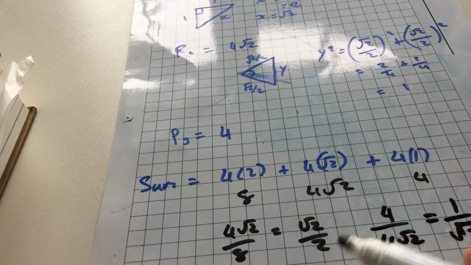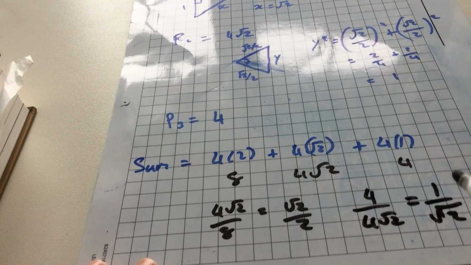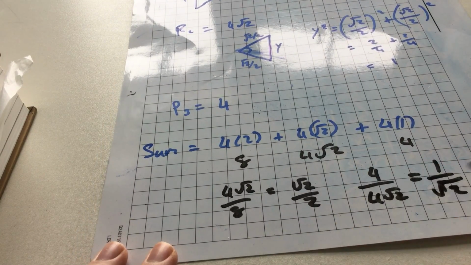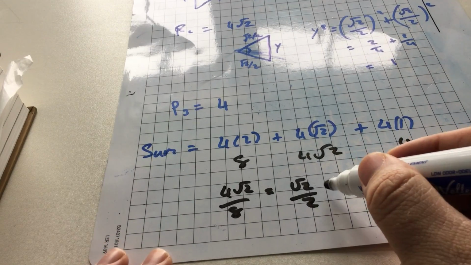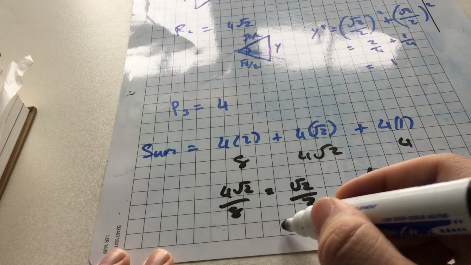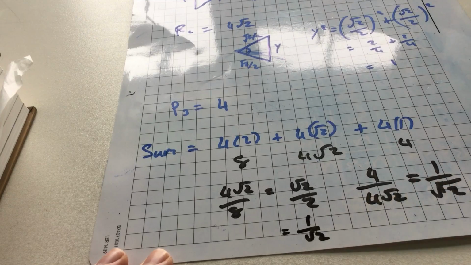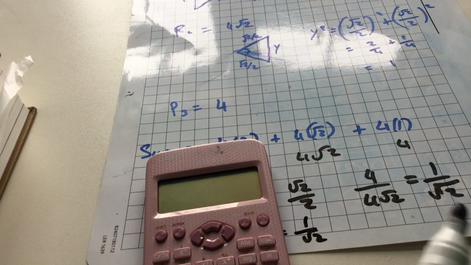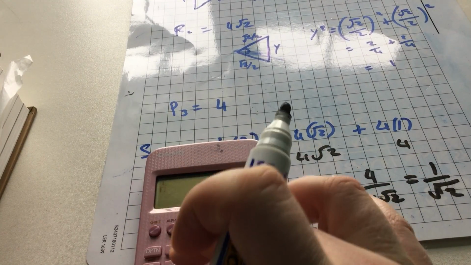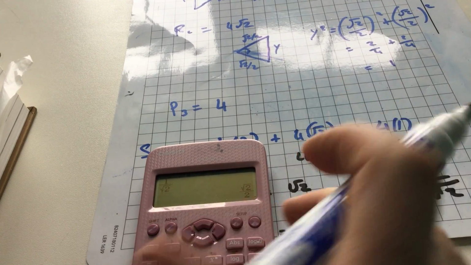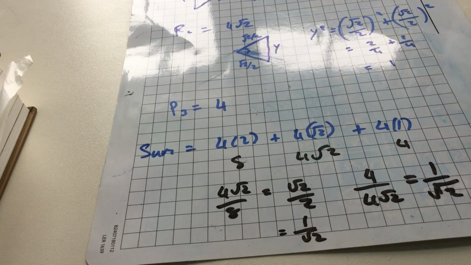Now you might be saying, why is my common ratio different? Well, it's not. It's actually the same, because root 2 over 2 and 1 over root 2 are the same. If I multiply one below here by root 2, I'll get 1 over root 2. Okay? Or even if you put 1 over root 2 in your calculator, it'll tell you it's root 2 over 2. Okay?